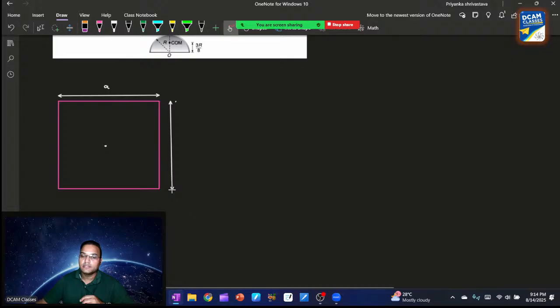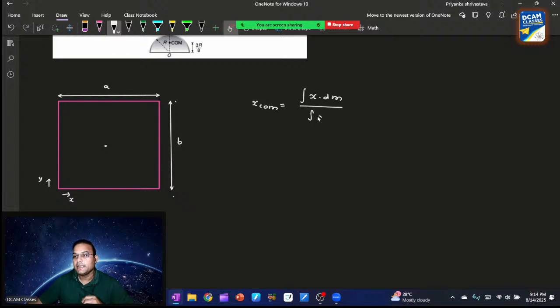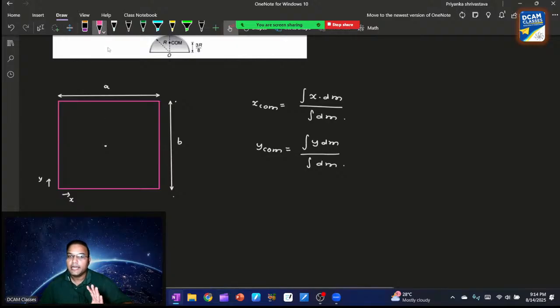Let me show you how you will integrate here. Because things are changing along the x-axis and y-axis also, you will have to use two formulas. X center of mass is integral x dm by integral dm, and for y center of mass you have to use integral y dm by integral dm. Limits you have to put accordingly. There are different ways.